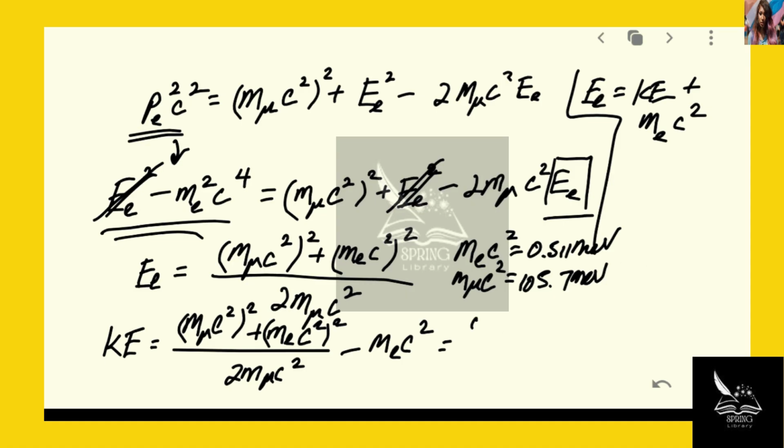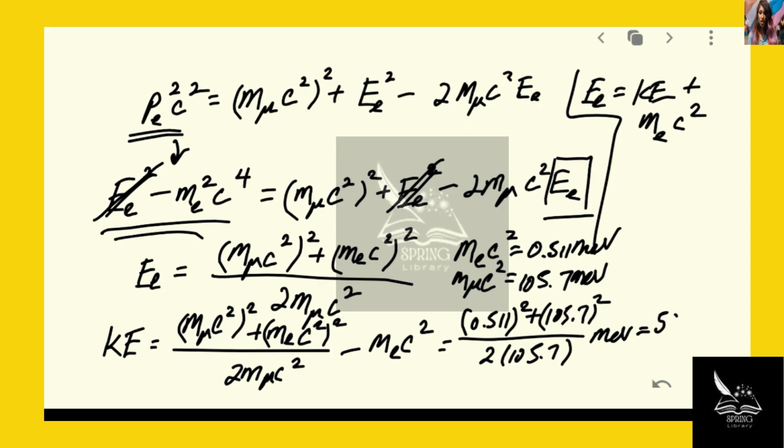It's really just 0.511 squared plus 105.7 squared, divided by 2 times 105.7 MeV. In terms of MeV, we should get 52.3 MeV as our final answer.